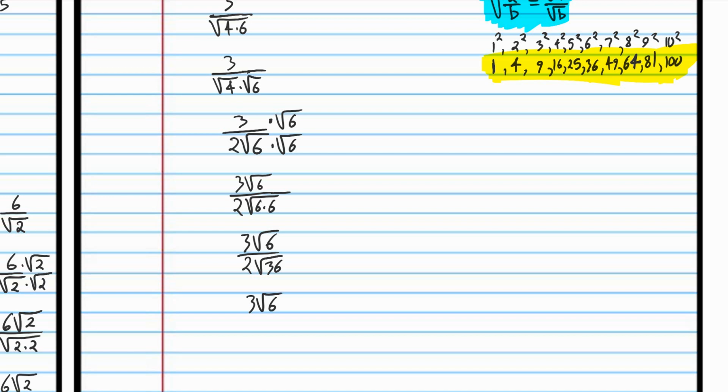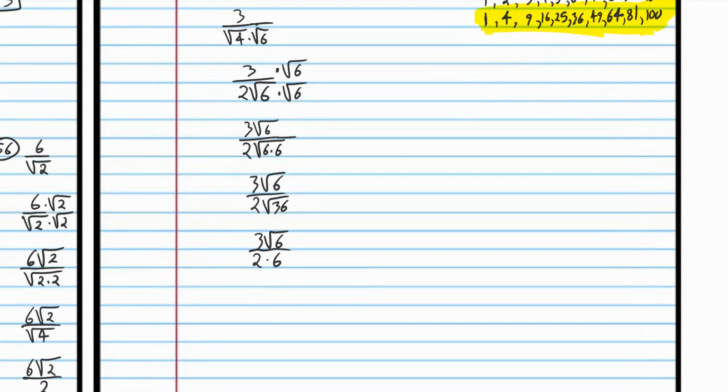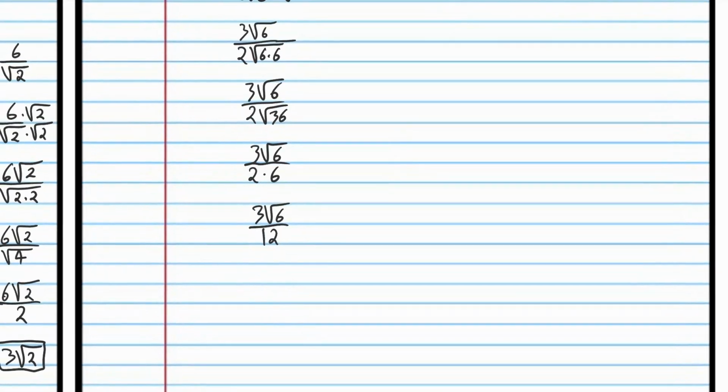So we can find the square root of 36 very easily. What number times itself is equal to 36? Well, obviously that's 6. The square root of 36 is 6. And we'd have to multiply 2 times 6. 2 times 6 is 12. And then 3 over 12 we can reduce. 3 over 12 just reduces to 1 over 4, but we don't have to write the 1 here. Remember, we can just write the root 6.